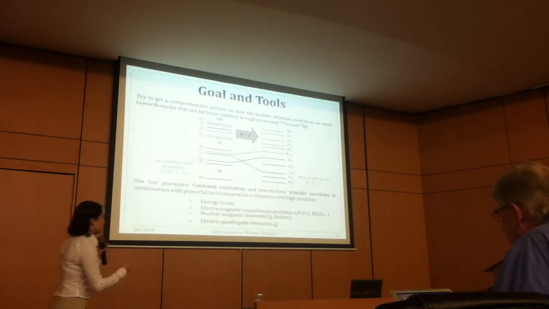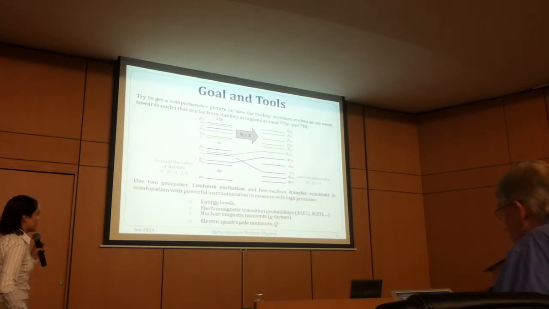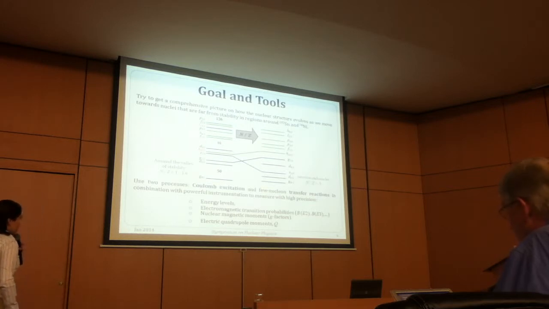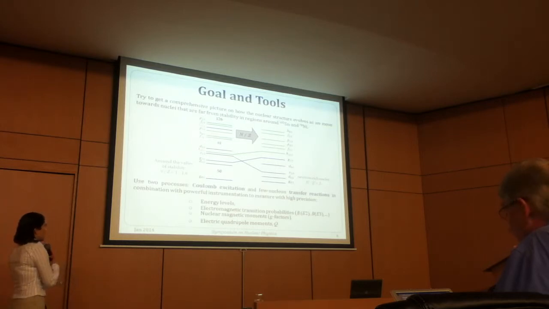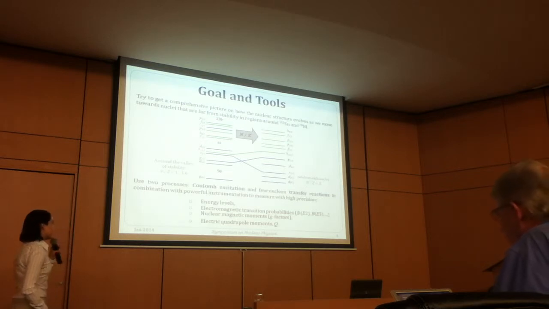The main idea behind these two programs was basically trying to get a comprehensive picture of the nuclear structure and how it evolves as we move towards neutron-rich nuclei. And in order to do that, we use basically two processes. One is Coulomb excitation, and the other is direct reactions, the few-nucleon transfer reactions.